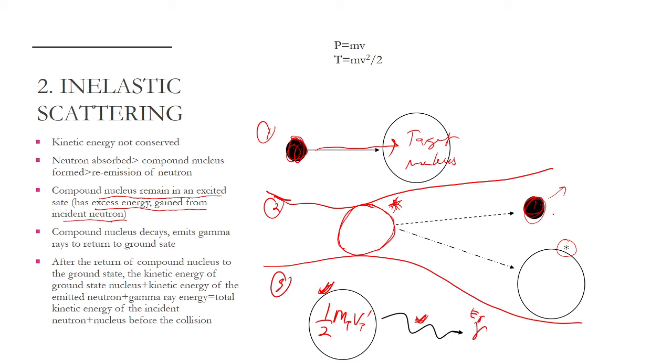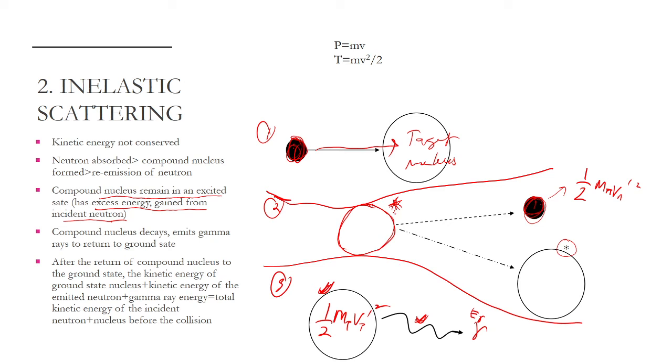And the newly born neutron has kinetic energy 1 over 2 m_n v_n dash square. Here I forgot the square.